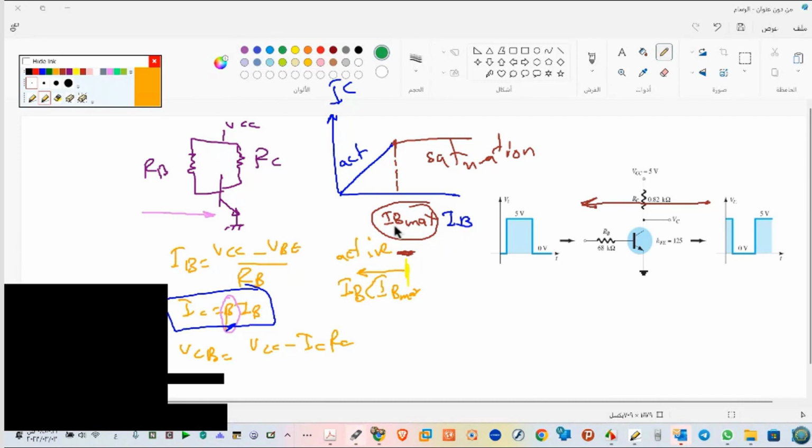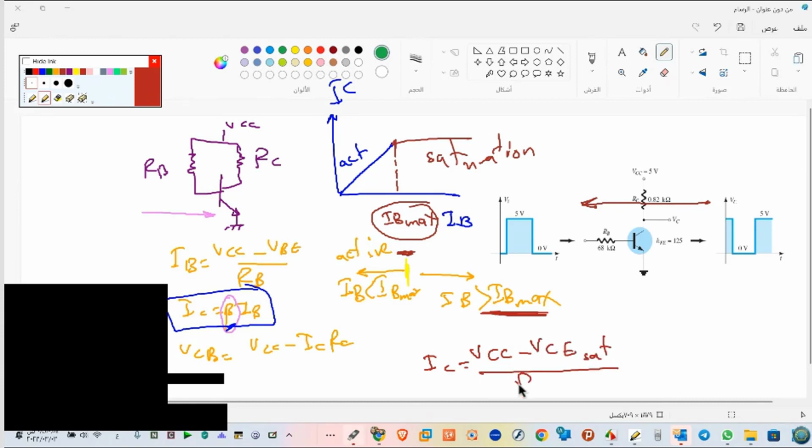If I want to work as a switch, IB should be bigger than IB max. So first of all, I want to calculate this IB max. I will start from IC equals VCC minus VCE saturation over RC from the same formula.